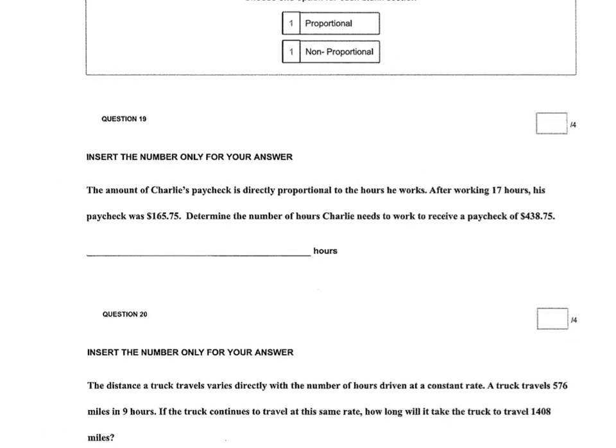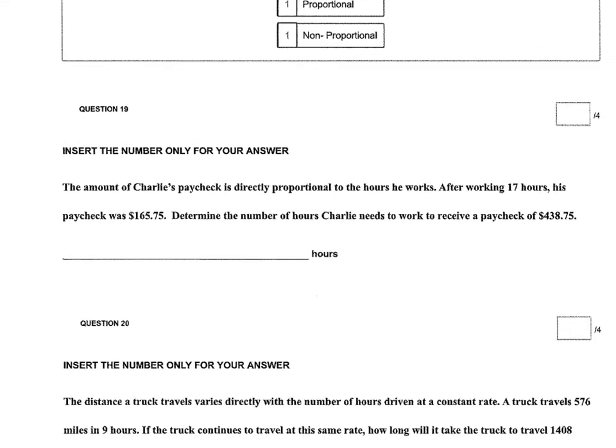Okay, these are proportions like we did at the very beginning of this unit, where kind of like in 7th grade, where you cross multiply, divide, you're looking for a missing value. So when the amount of Charlie's paycheck, so that's our money, is directly proportional to the hour. So it's telling you exactly how your ratio should be set up. Money's on top, hours is on the bottom.